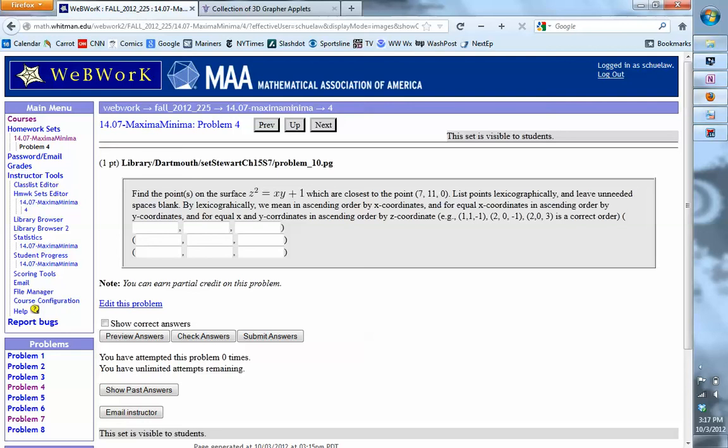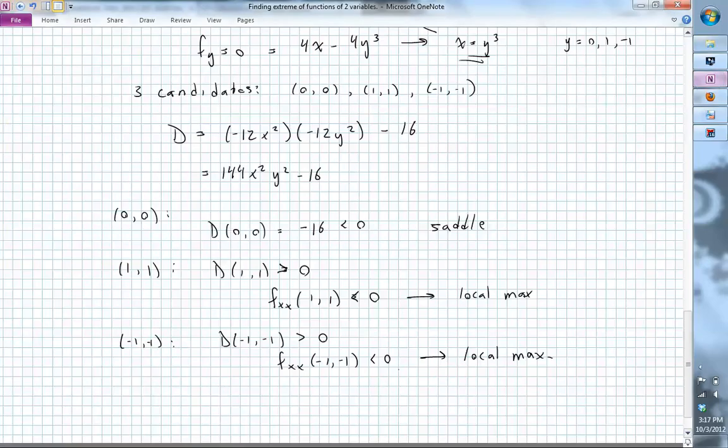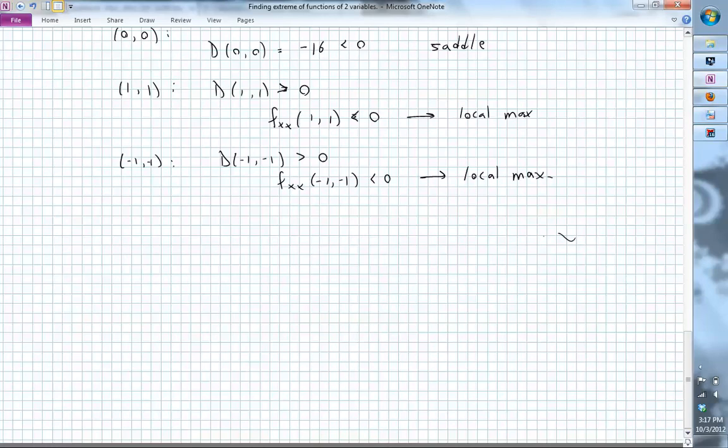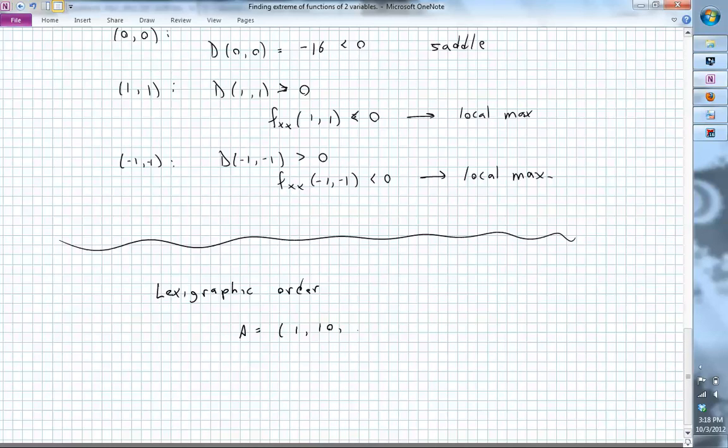So what they're talking about here, let me do a quick example in the notes. Let's pretend that I have a point A and it's, say, 1, 10, 0.